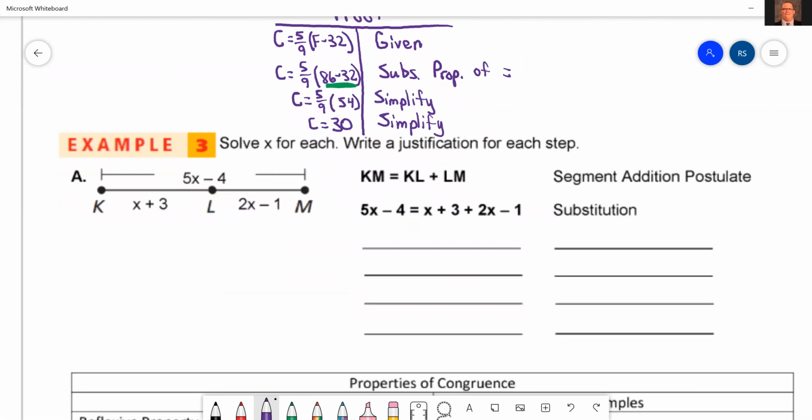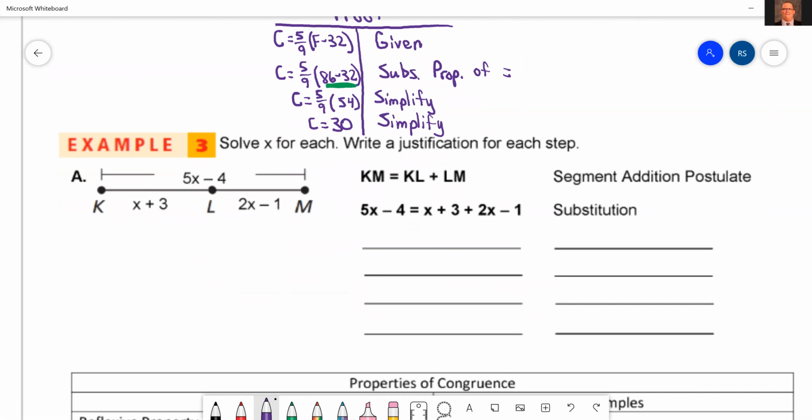Okay. On to the third example. So for this one, they're actually giving us something that we haven't quite learned yet.